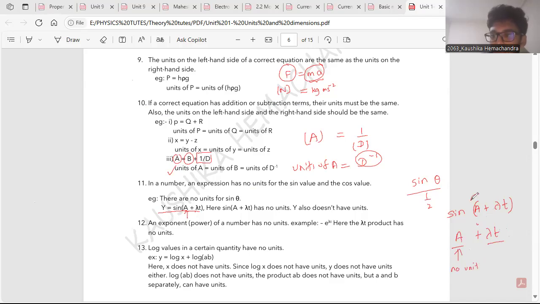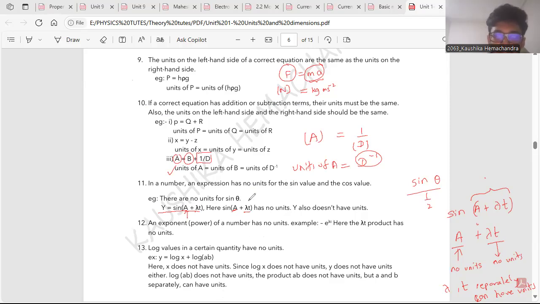Because you get an answer for the addition, no? That can't have a unit because you get the sine value for that. So A cannot have units, lambda t cannot have units. But lambda and t separately can have units. Right? You can write, lambda A doesn't have any units, but lambda and t separately can have units.